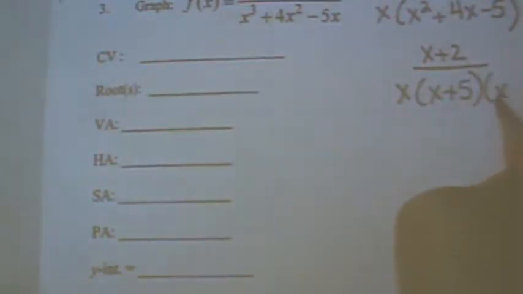Okay, factor completely. Now, is there anything we're going to cross out? That means there's no hole. Our critical values are at -2, 0, -5, and 1. It's the opposites of these.